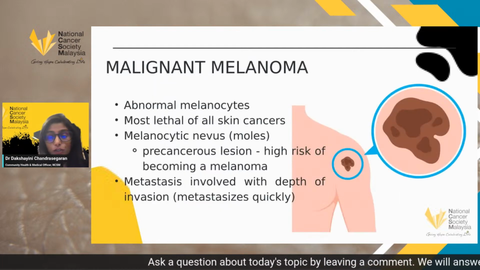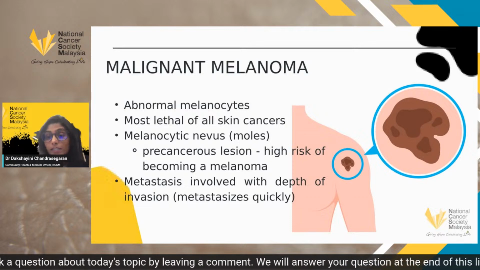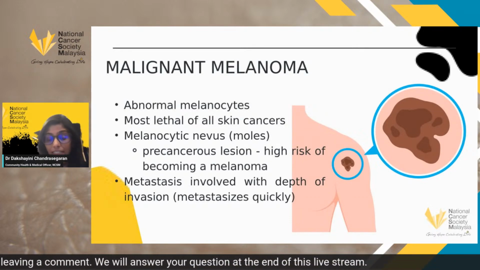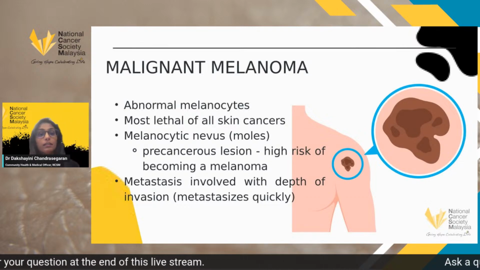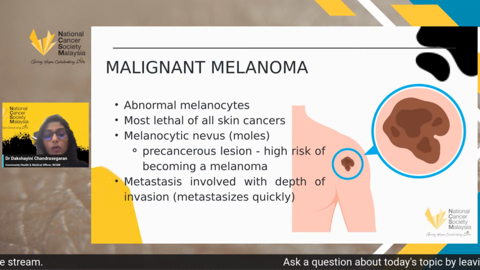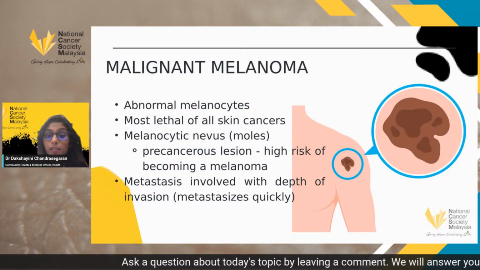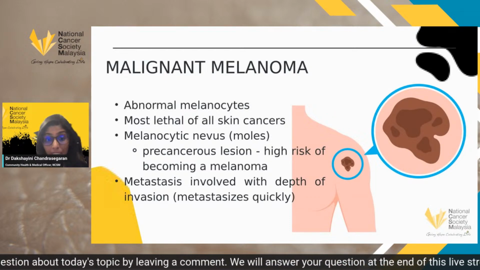Next. So finally, the most aggressive form of skin cancer is melanoma, and this involves melanocytes. This is another type of cell in your skin, and these are cells that produce your pigment. A melanocytic nevus, otherwise known as a mole, results from a type of melanocyte that overproduces melanin.